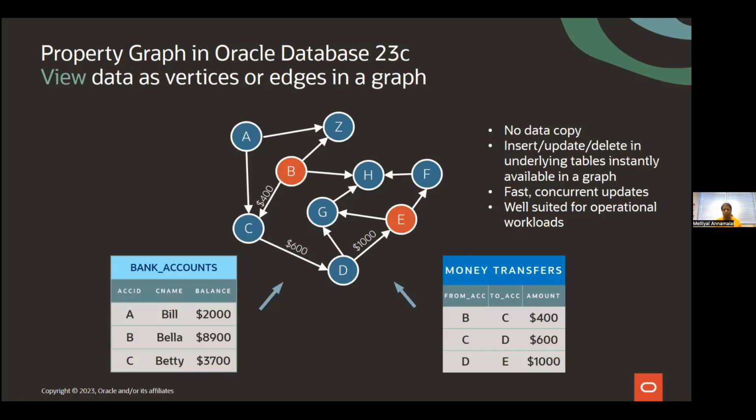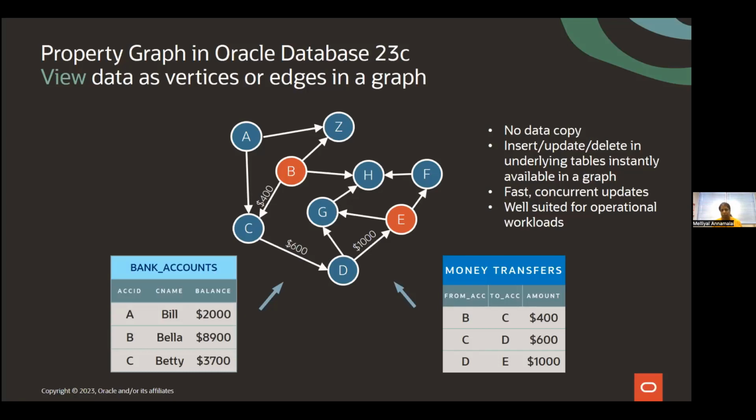And Oracle database has been doing this for 4 decades, where it can support thousands of users running tens of thousands of queries. We have benchmarks, the TPCC benchmarks, which show hundreds of thousands of queries running per second. And you can update data as you are querying it.